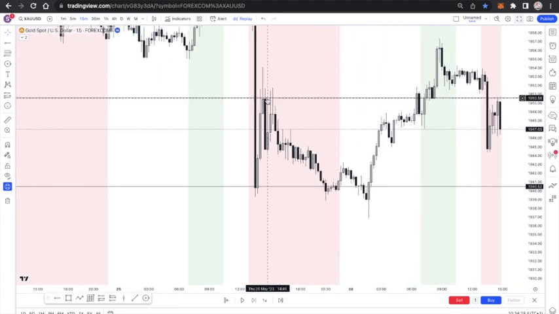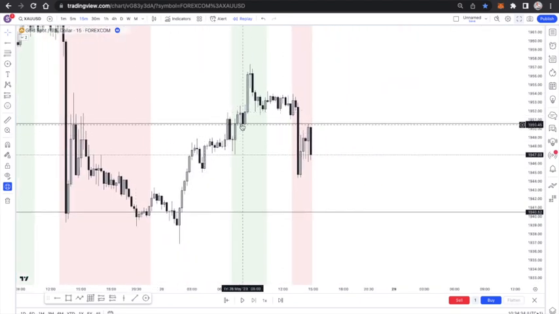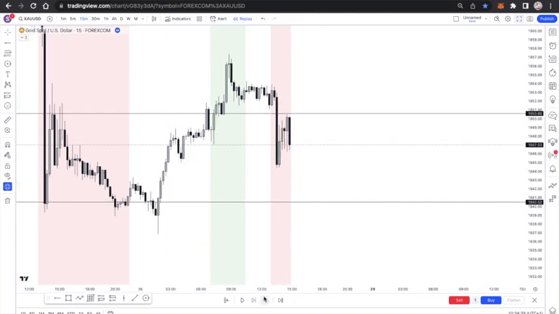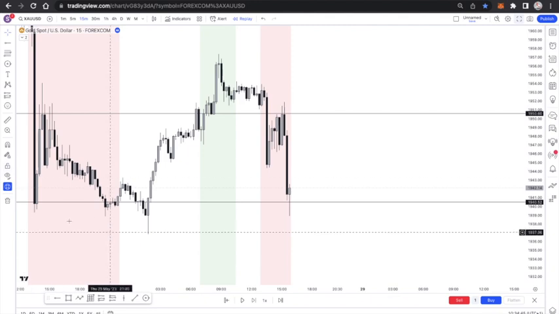Here is another institutional level, and you can see what price did there. So I just want you guys to understand, and here also you can see what price is doing in that area.